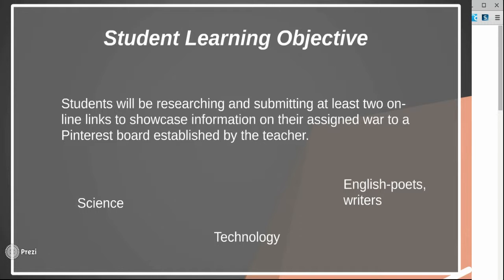They will be encouraged to link multiple types of information, whether it's the science aspect or technology or a poet on their specific war. Pictures, video clips, audio clips are all welcome.